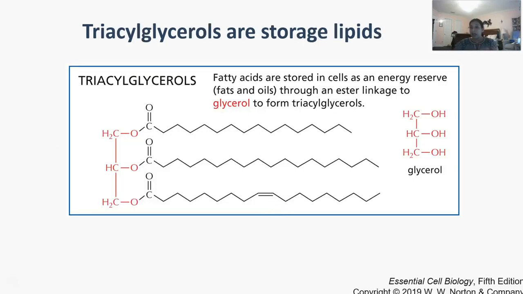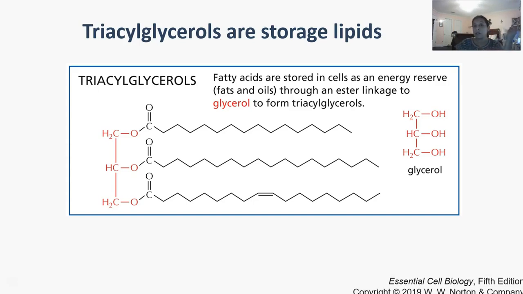There are several different types of fatty acids that are important in our cells. One of them is triacylglycerols, which are your storage lipids. In this case, you have three fatty acid chains that are joined together with a glycerol head. The glycerol molecule is going to be your hydrophilic head, that's your polar side, and then your hydrocarbon chains are going to be your hydrophobic side.